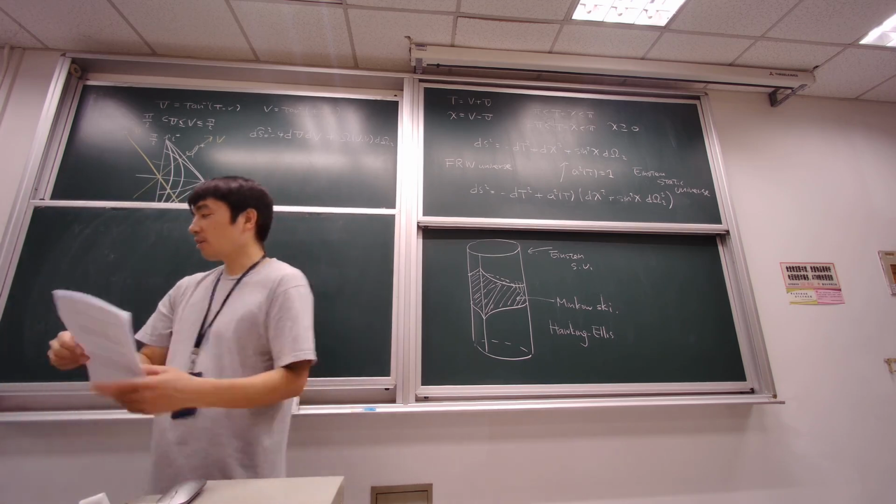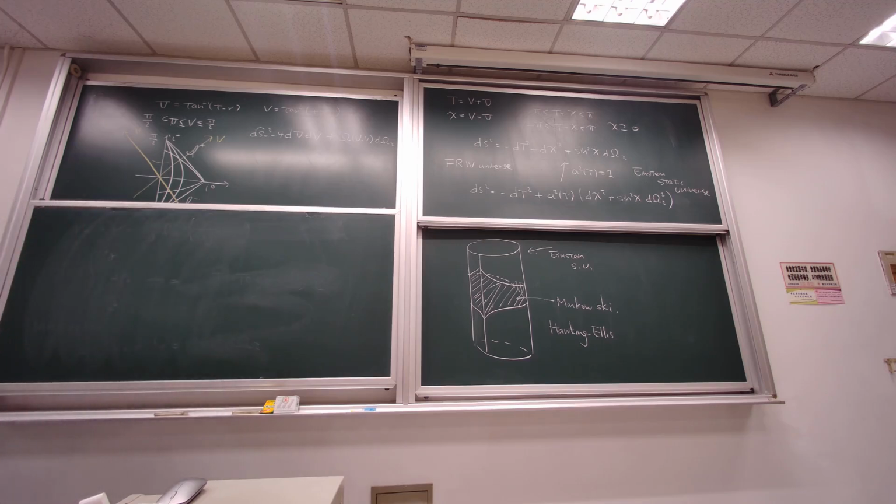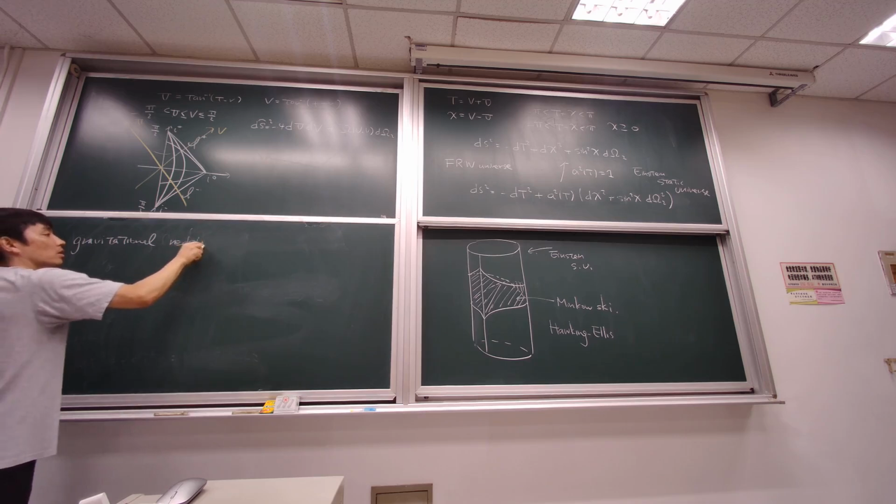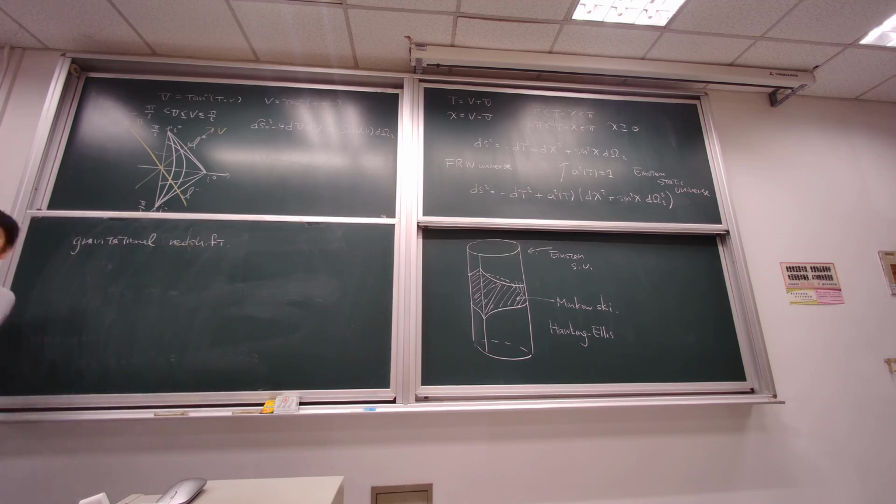If you want to talk about Schwarzschild geometry, I can talk about it a bit more, to be honest. For instance, does anybody know gravitational redshift? Please raise your hand if you learned this one. Okay, about half.